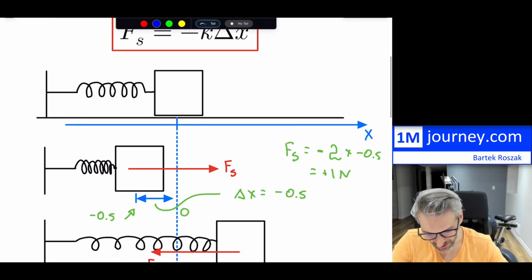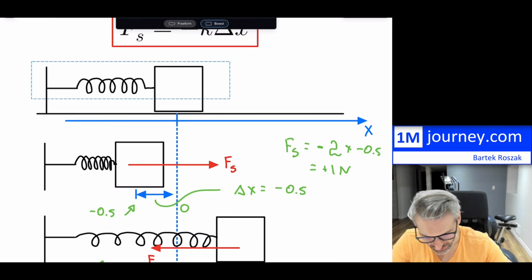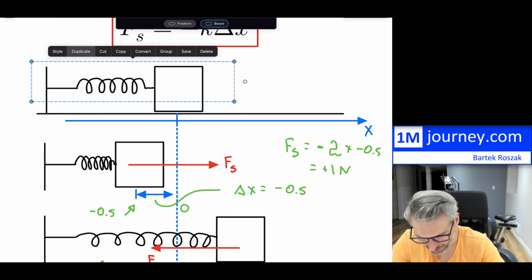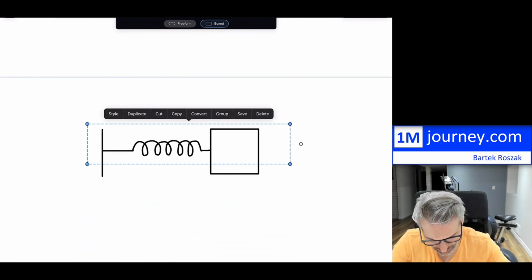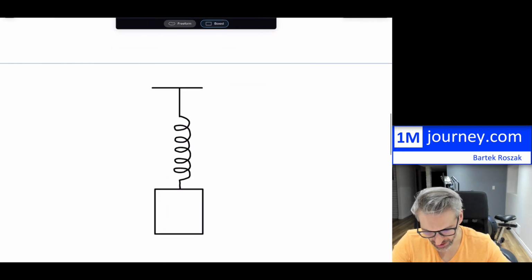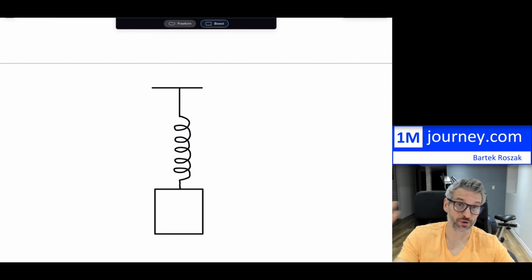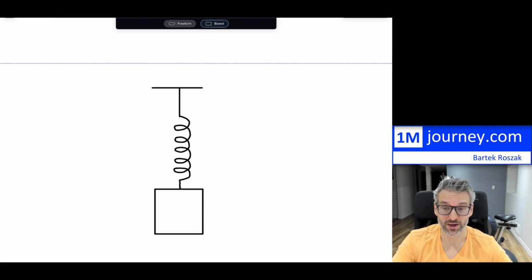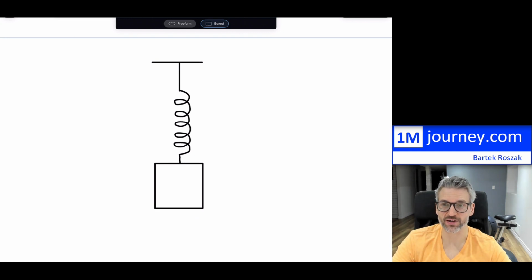But there is nothing to say that you can't take this right here, I'm going to duplicate it and bring it back down. Nobody says that you can't do this vertically, right? So you can still have a spring, it will have a certain length, and then, of course, gravity might be acting on this as well. But the same style applies.